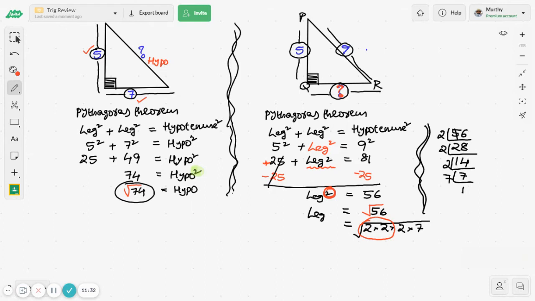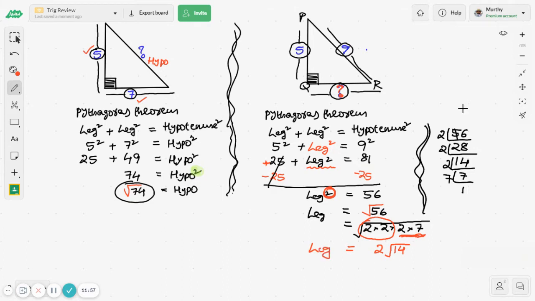So 2 times 2 is 4, square root of 4 gives me 2. And for 2 and 7, I don't see any pair here, so let it be 14. So the answer will be 2 square root of 14.